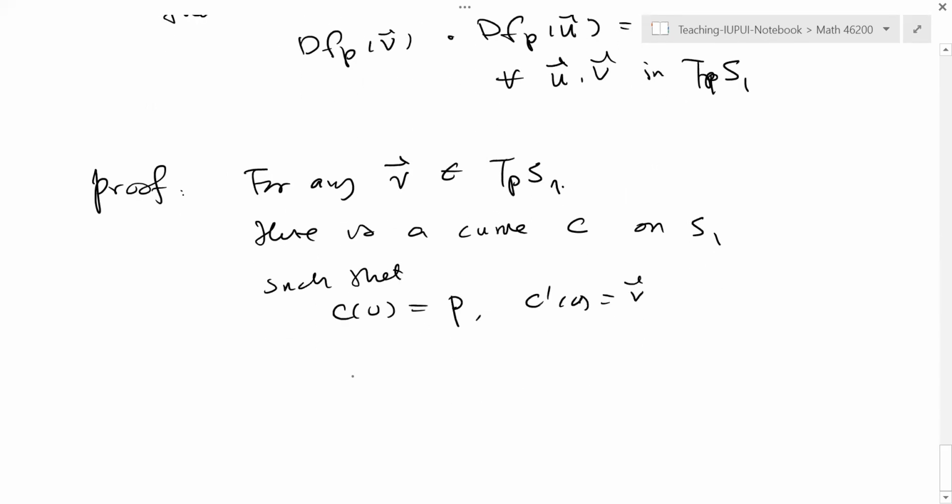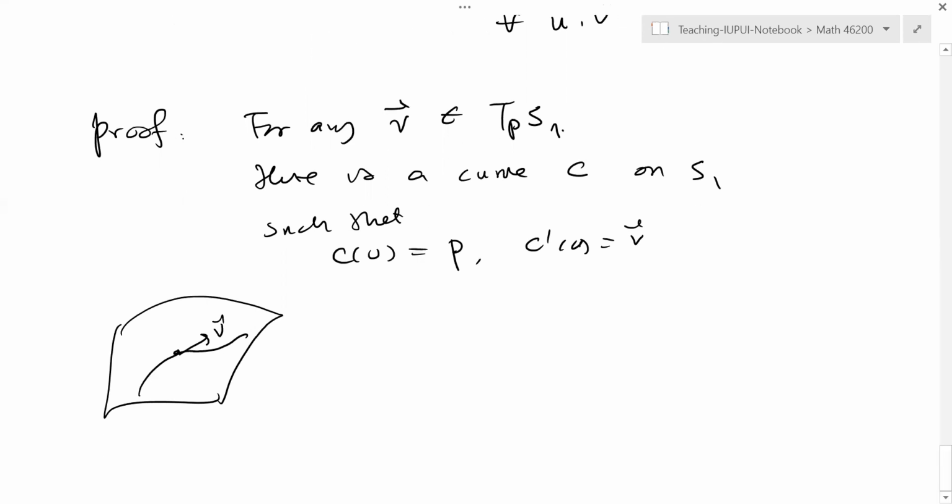So you can always find the curve passing through that, so the tangent vector is going to be the given v. Then the length. I'm just talking about the length of this piece.